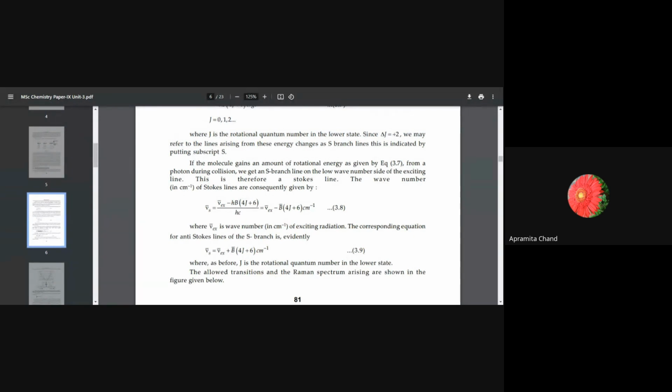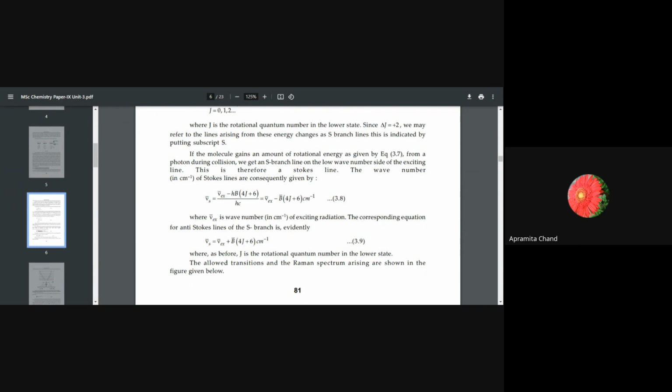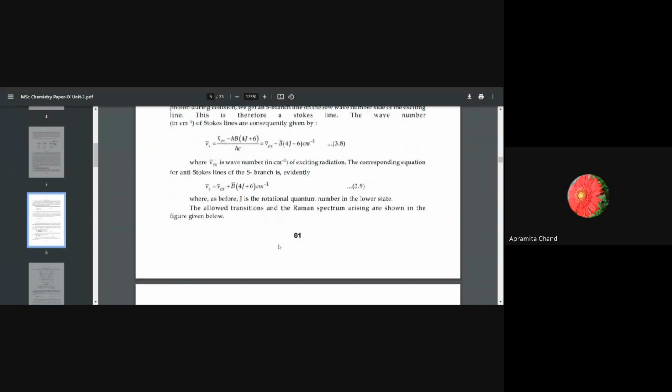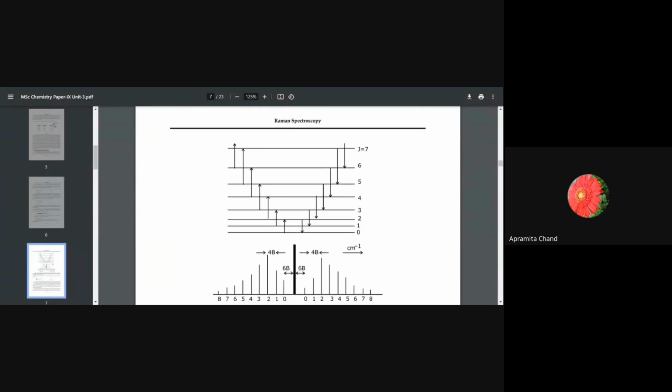So nu s will be equal to nu excitation minus B into 4J plus 6 centimeter inverse. And similarly, the anti-Stokes line will be the excitation wave number plus the spacing between the lines, giving the wave number of the anti-Stokes line. Here this diagram is very important.